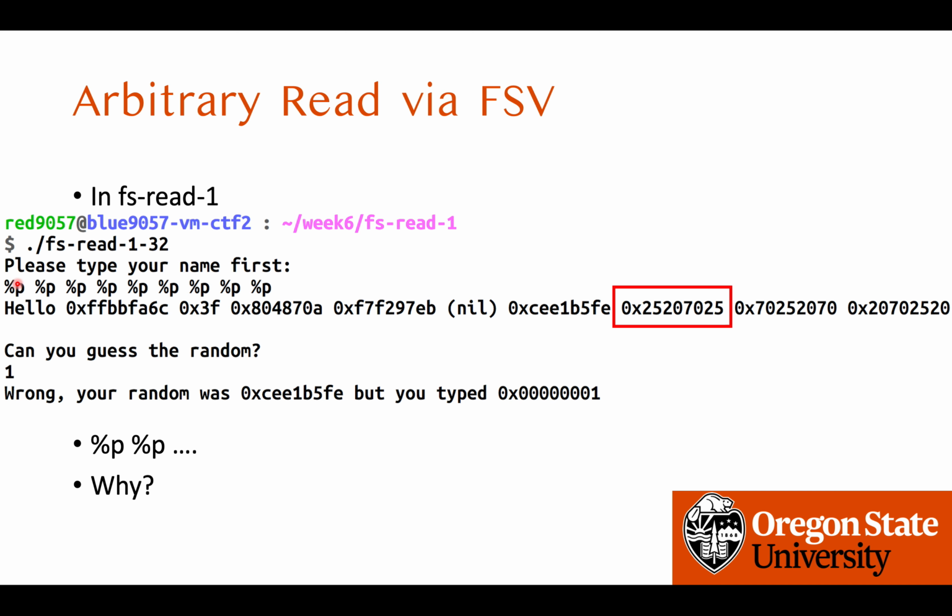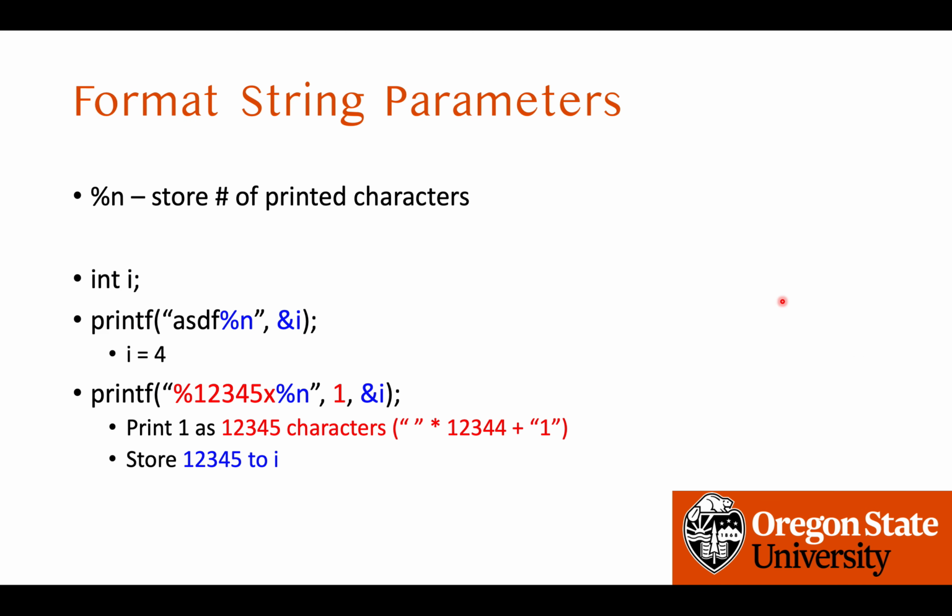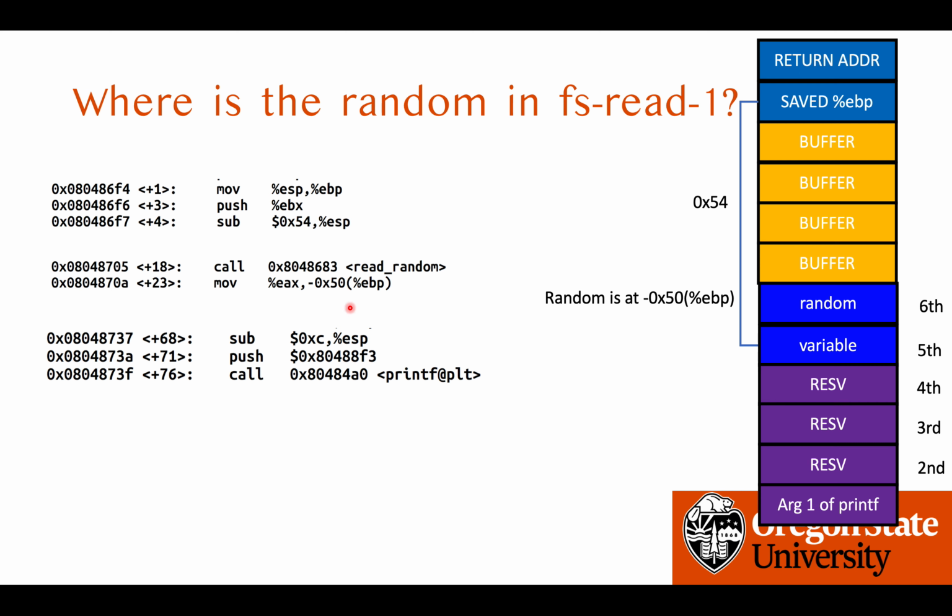Why do we have this kind of thing in our output? This is because the buffer we are using is also in the stack. We know that the 6th %p will print out the random value, and that random value was at EBP minus 0x50.